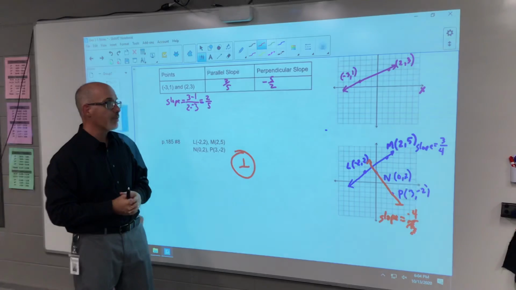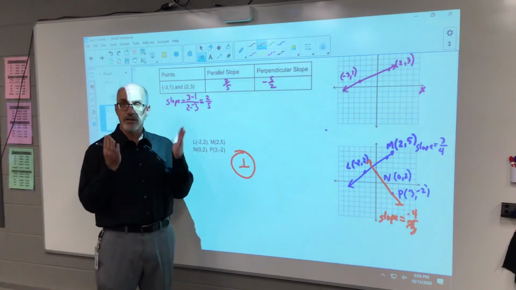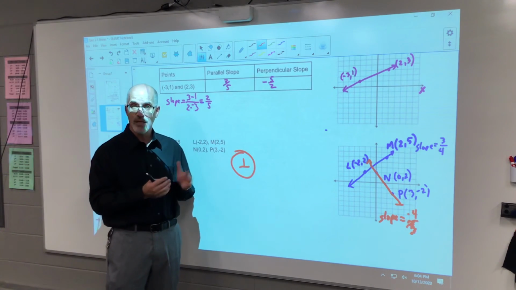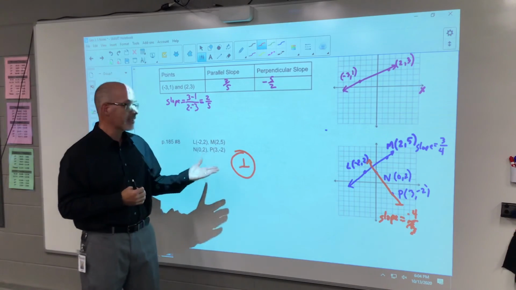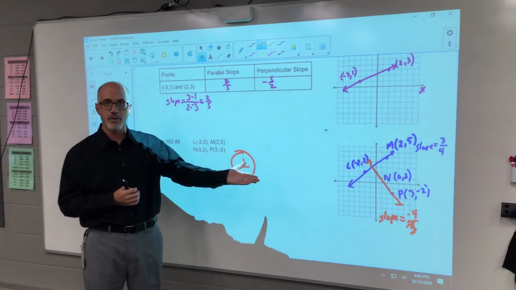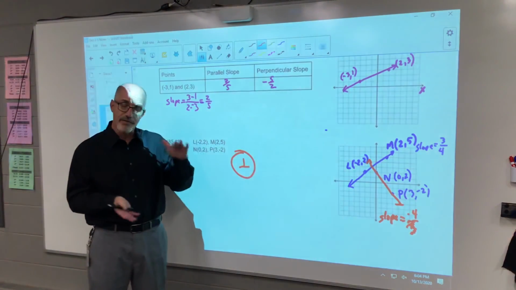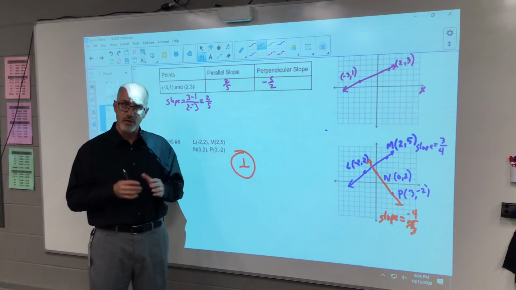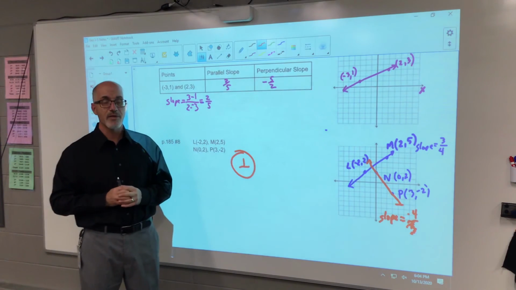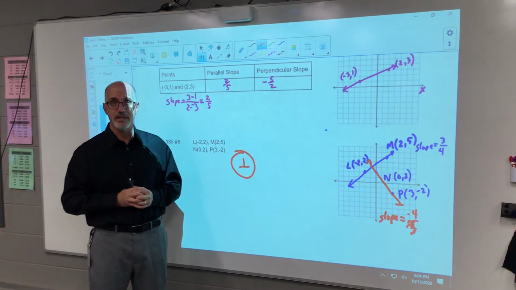If your lines are parallel, the slopes will be exactly the same, equal. And if they're perpendicular, they'll be opposite reciprocals, where you take the opposite and flip the fraction to get the new slope. And that's a summary of how we use slope in these problems.